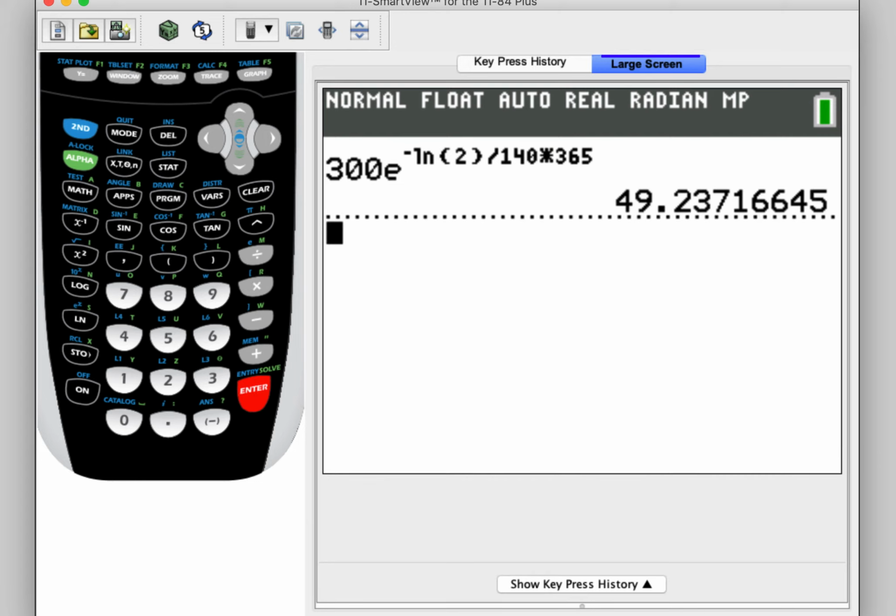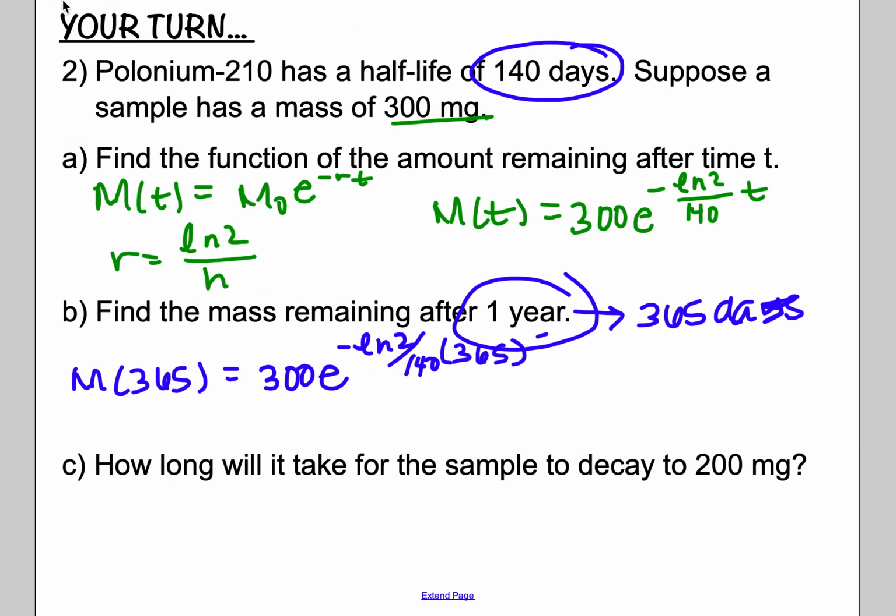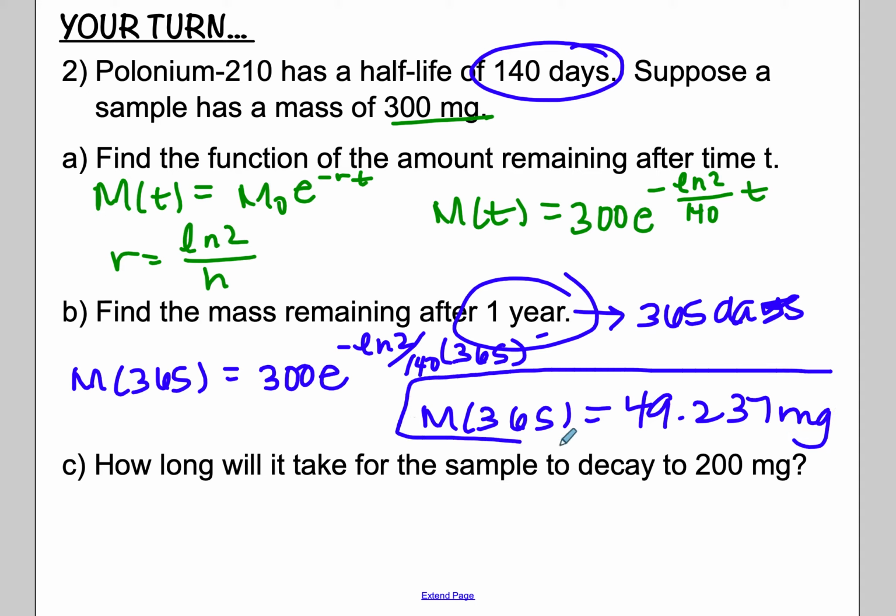Okay, we're talking about a substance, which is milligrams, so you can have a decimal. So we're going to go 3 decimals out. If I look to my third decimal, the next one is a 1, so it says to stay the same. So it's 49.237 milligrams. So m of 365 equals 49.237 milligrams. Okay, so there it is.